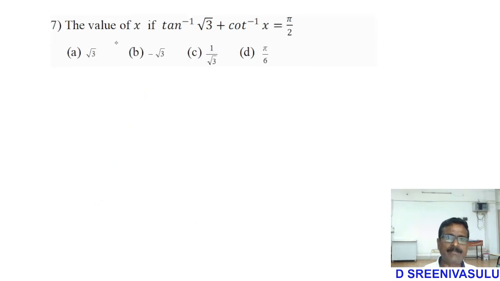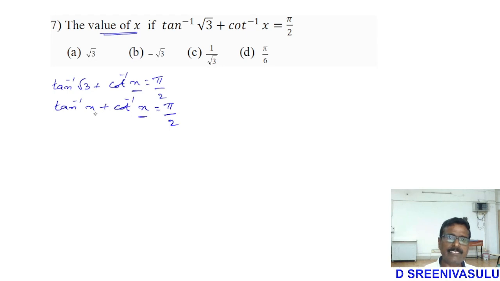Question number 7. The value of x if tan inverse root 3 plus cot inverse x is equal to pi by 2. We want to find the value of x. If you know the property tan inverse x plus cot inverse x is equal to pi by 2, then this here is x, here is x.